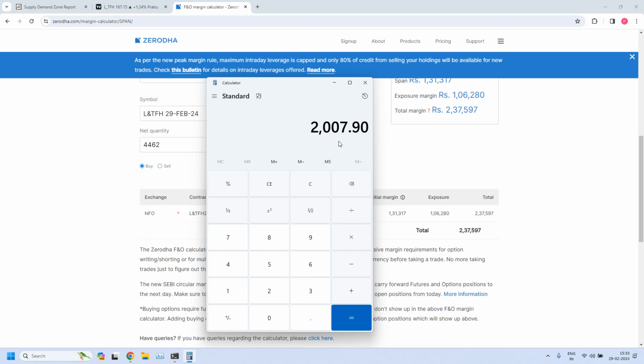This is the loss we got, into 100 divided by 2,37,597. So 0.85%, the round value 0.85. That means 0.9%, because we are rounding to one digit. So 0.9% loss we got.